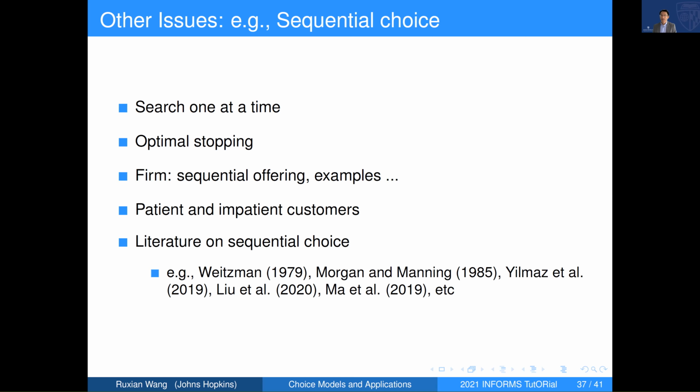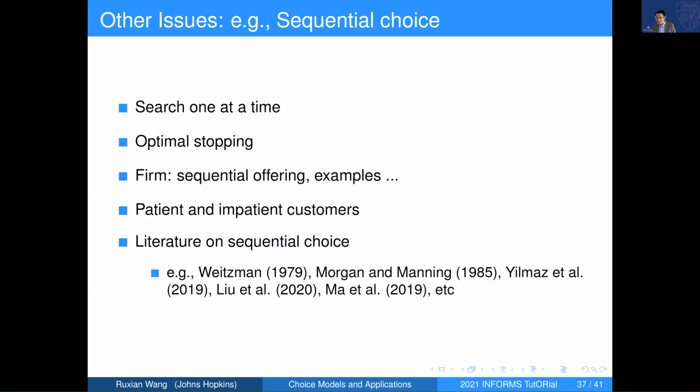After figuring out the consumer search and choice behavior, what can the firm do? The firm may consider sequential offerings, offering different sets of products depending on what they observe. And we may also consider heterogeneity of consumers.